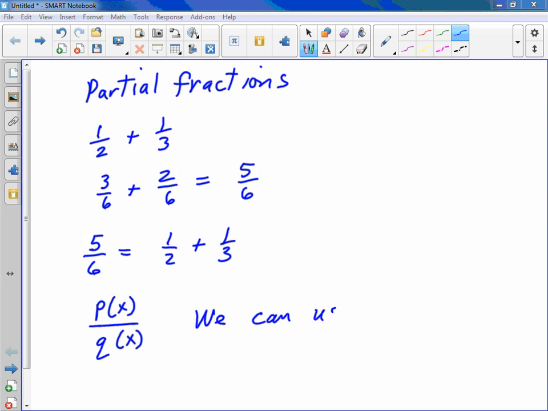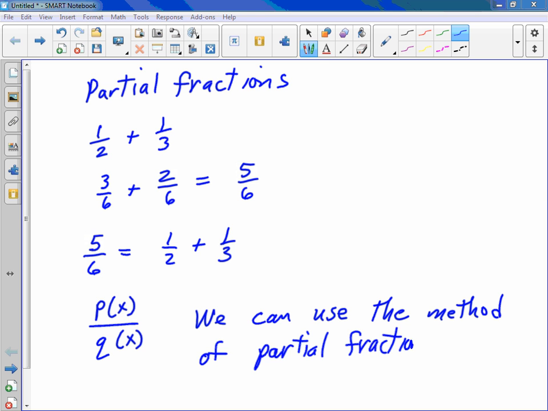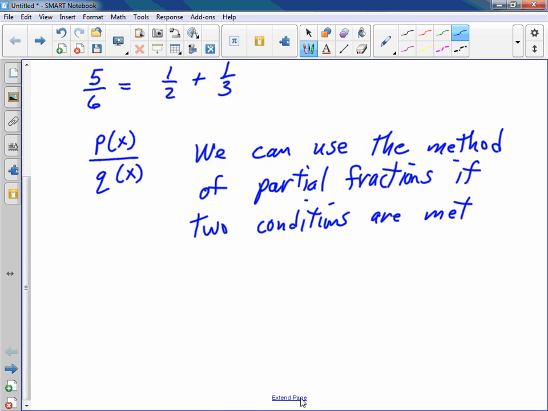The method is usually what you hear, method of partial fractions, if two conditions are met. And Derek, I know I promised you I would prove this, but for now, let's just say we know that this works if two conditions are met, and I will prove it eventually, just not today.